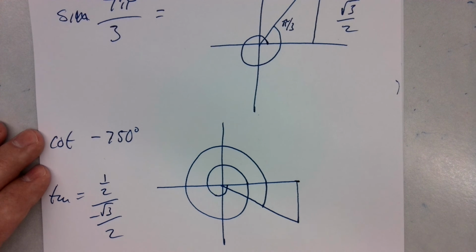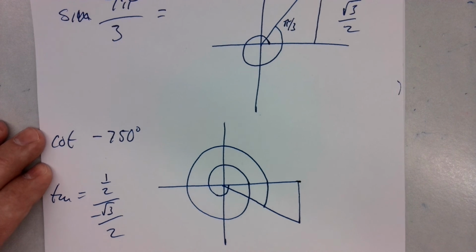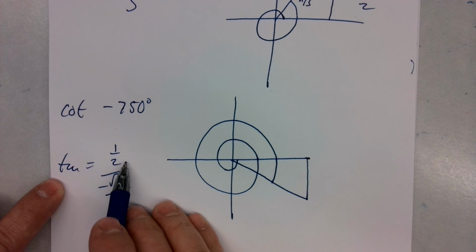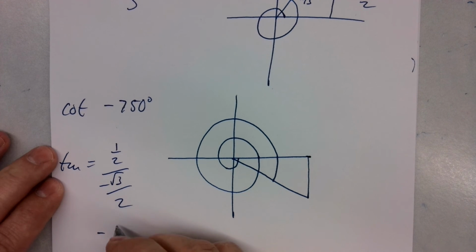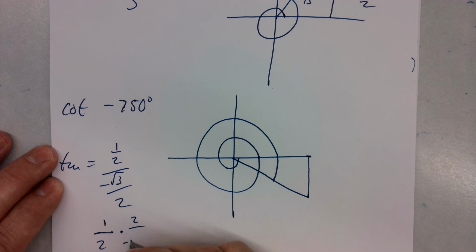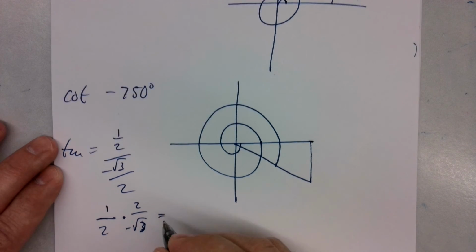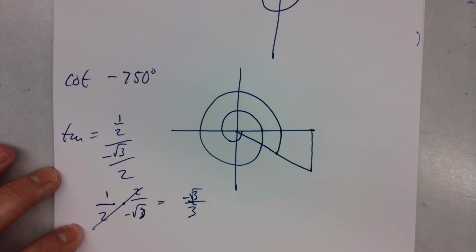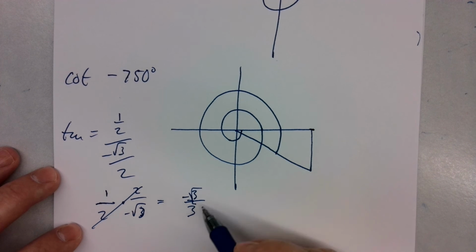And then I inverted the bottom one and multiplied it to the top. So that's the tangent. Then 1/2 times 2 over negative root 3. And then I got negative root 3 over 3.